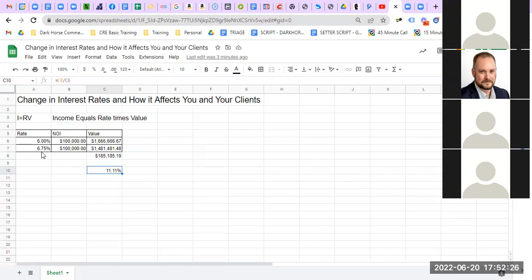Also, with lending rates, if you can borrow money at, let's say, 5%, that's called your cost of capital at 5%.